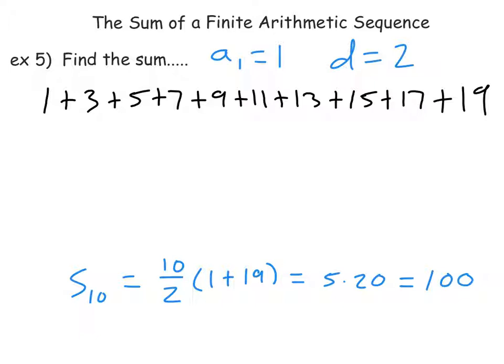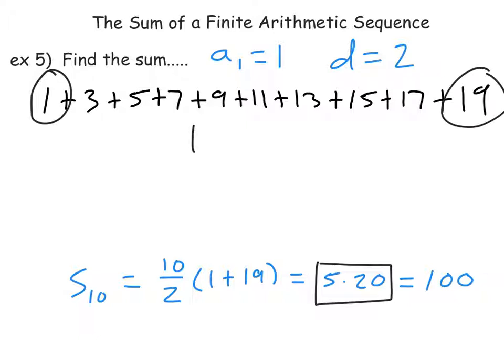Now, as far as how it works, really the focus is right there, that we split this up into 5 times 20. There are 5 ways you can take these numbers and add them up to 20. The first term and the last give away that sum of 1 plus 19.